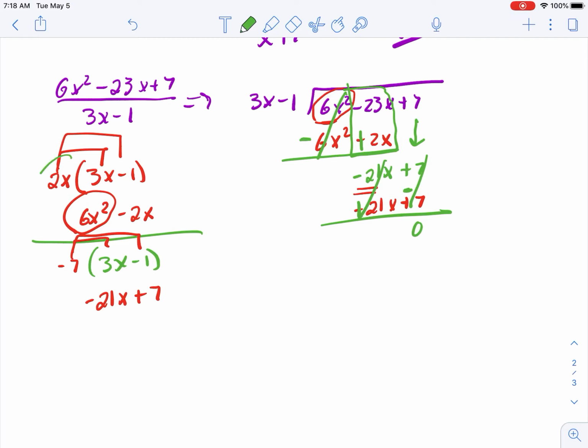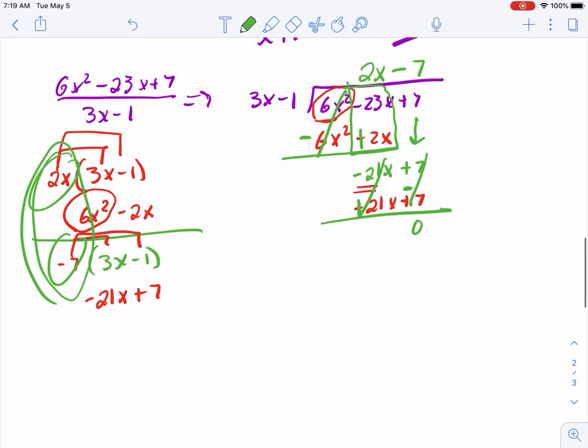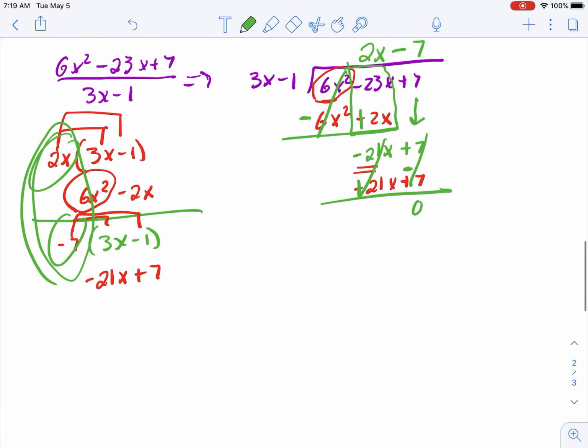So let me come back here and put my values in. I should have done that as I went. So I have 2x minus 7 from these two values here. What does that tell me?